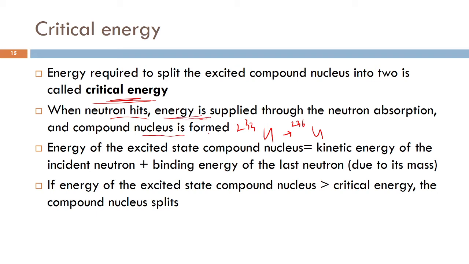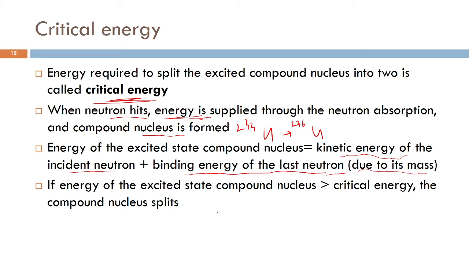The energy of the excited state compound nucleus, because the incident neutron, sorry, carries energy, is equal to the kinetic energy of the incident neutron plus the binding energy of the last neutron, due to its mass.